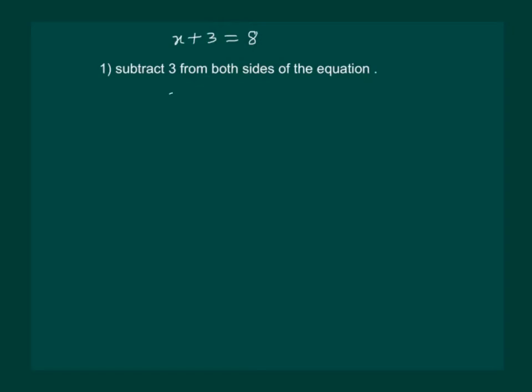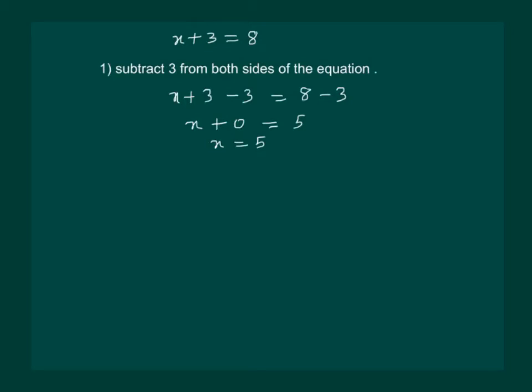We get x plus 3 minus 3 equal to 8 minus 3. Let us solve this further. We get x plus 0 equal to 5, or x equal to 5. So, x equal to 5 is the solution of the equation x plus 3 equal to 8.